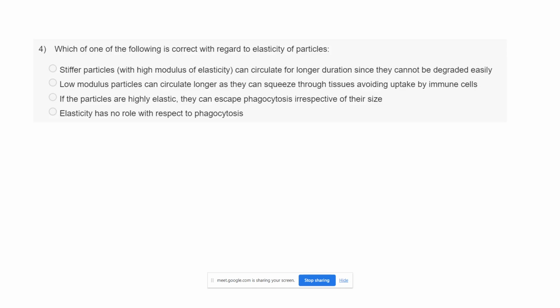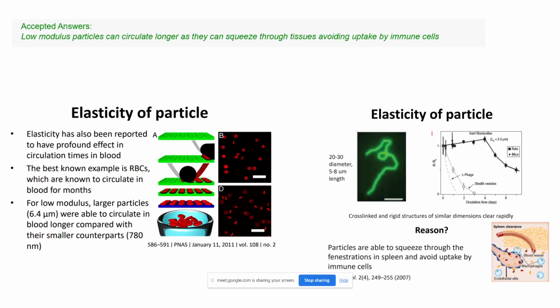If the particles are highly elastic, they can escape phagocytosis irrespective of their size. And elasticity has no role with respect to phagocytosis. So the correct option would be low modulus particles can circulate longer as they can squeeze through tissues, avoiding uptake by immune cells.